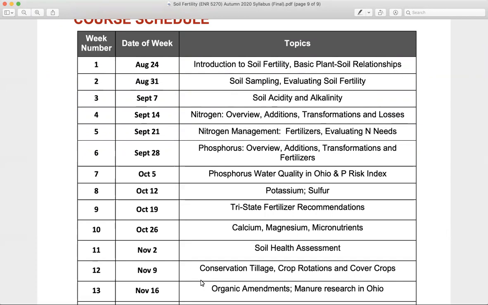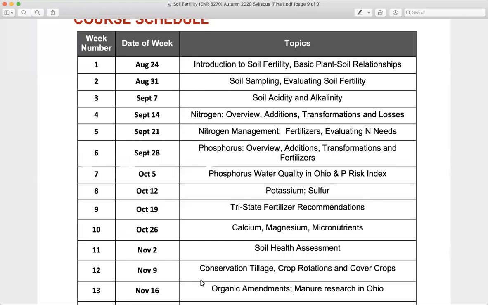Hopefully there won't be too many bumps with this, but I'd like for every student, if possible, within the next few weeks to pull a soil sample. And that can be from any number of different places, but we'd like for you to pull a soil sample, submit that. Again, this is a complicated endeavor because it's online. I'm going to post all these details in the next couple days to walk you all through this.